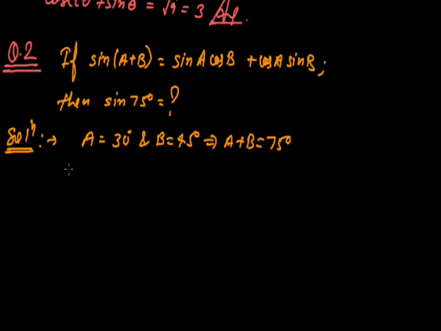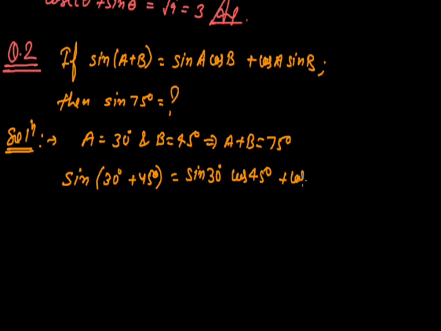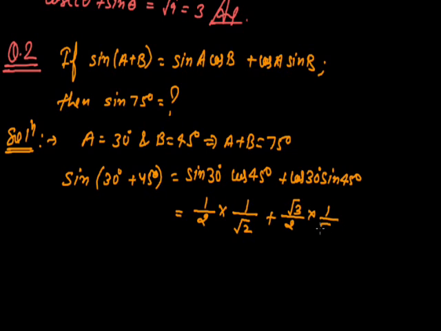Now by substituting the value of a is equal to 30 and b is equal to 45 in the given formula, we have sine 30 plus 45 is equal to sine 30 cos 45 plus cos 30 sine 45. Now as we know that the value of sine 30 is equal to 1 by 2 and the value of cos 45 is equal to 1 by root 2, plus the value of cos 30 is equal to root 3 by 2 and the value of sine 45 is equal to 1 by root 2.